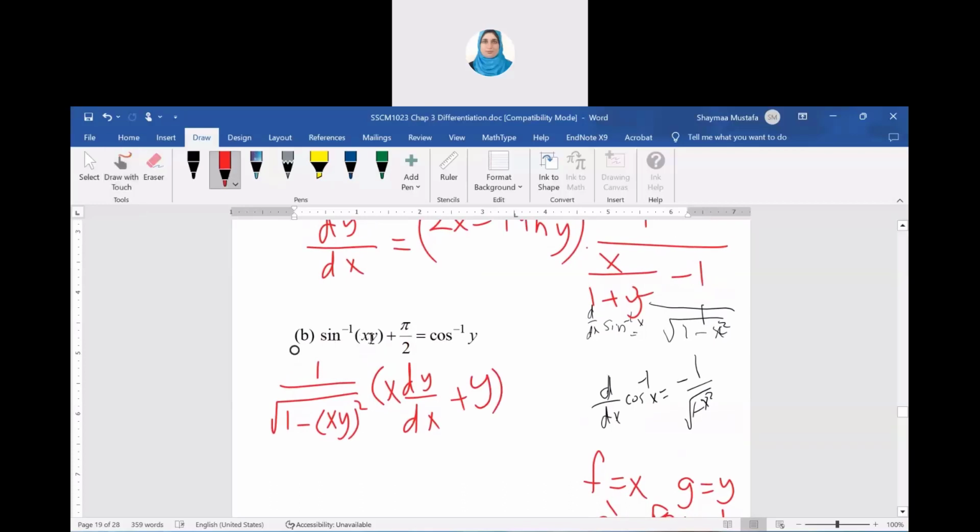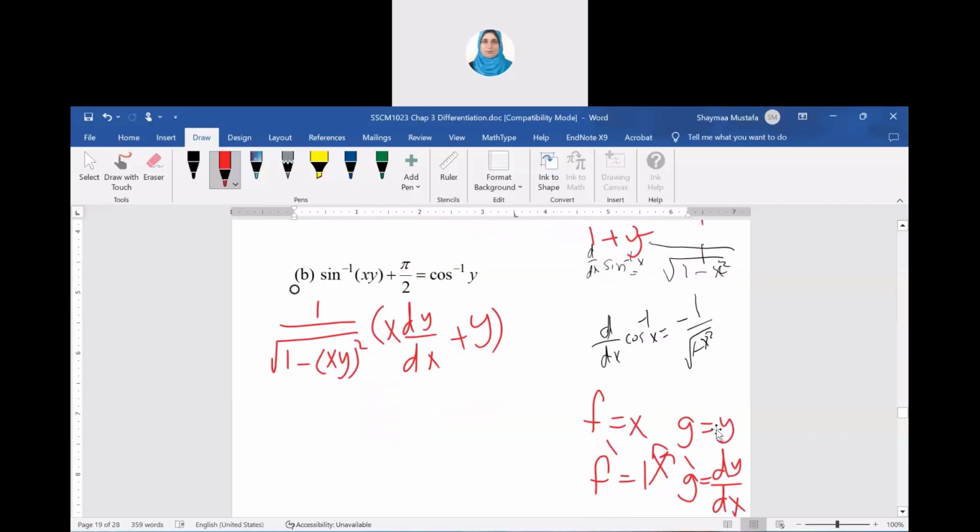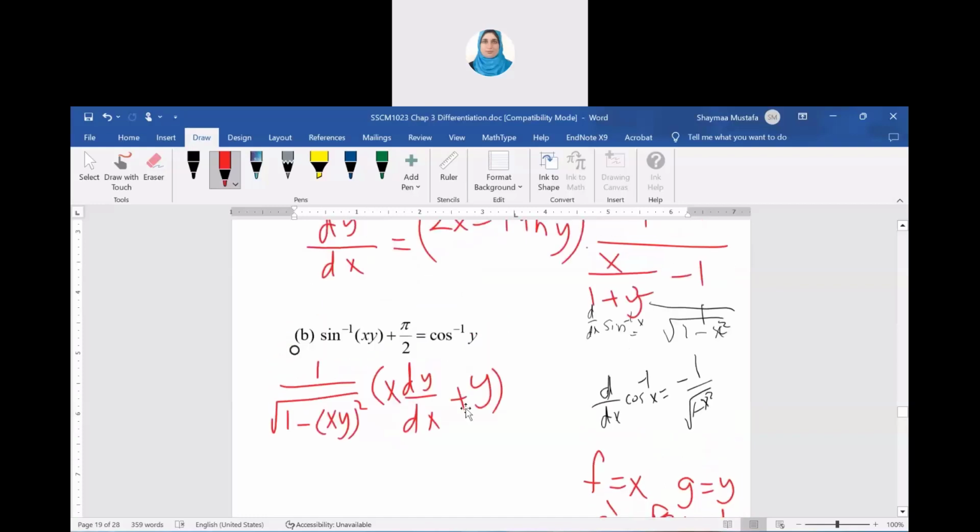Now this is the derivative for sine inverse xy. I start from the derivative for sine inverse, which is 1 over square root 1 minus x squared, but x squared will be written as xy squared, multiplied by the derivative for xy. This is a multiplication of two functions. The first function is x, the second function is y. The derivative for x is 1, the derivative for y is dy over dx. So just apply the multiplication rule.